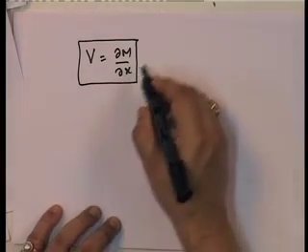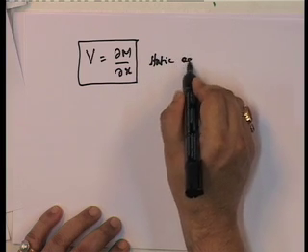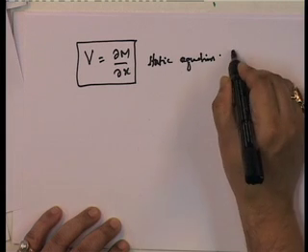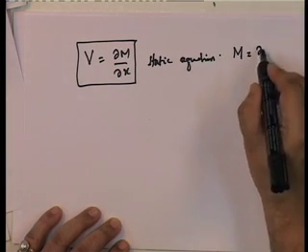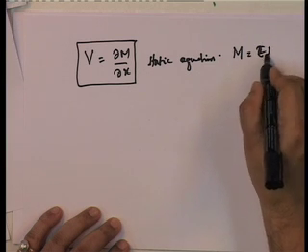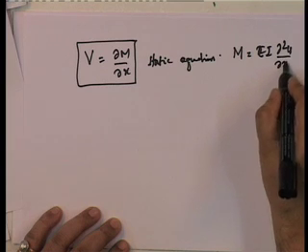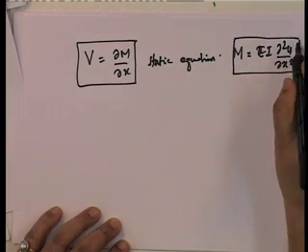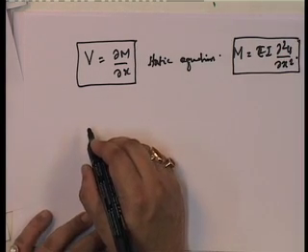Big deal. Static equation, right? Now, we also know that m is equal to E I into del squared u by del x squared. We know this. Now, the top equation gives us what?